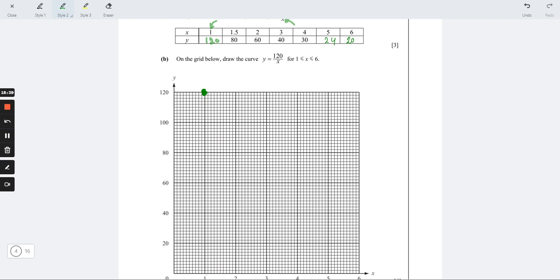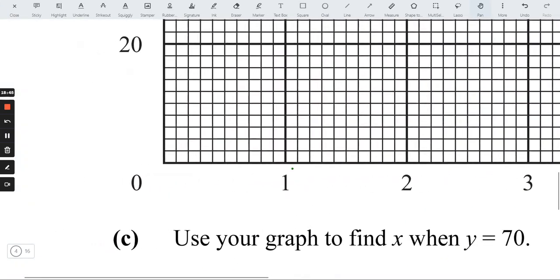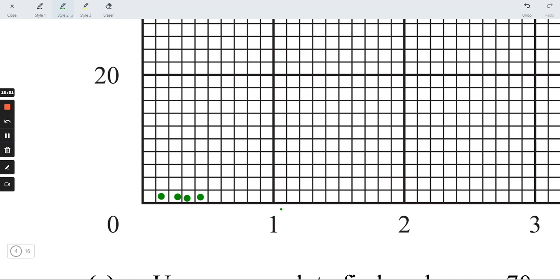From 0 to 1 here, we have 1, 2, 3, 4, 5, 6, 7, 8, 9, 10. So each one is 0.1, and each 5 is a half.